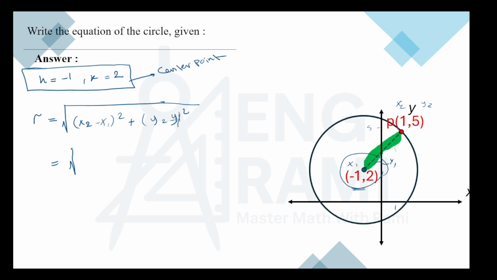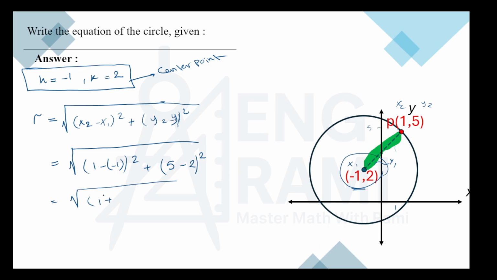Then r equals the square root of x2, 1, minus x1, which is -1, all squared, plus y2, 5, minus y1, which is 2, all squared. Don't forget, this is the square root of 1 plus 1.